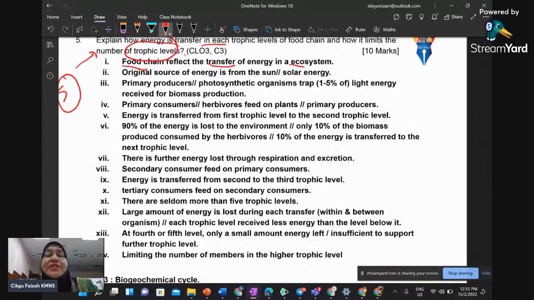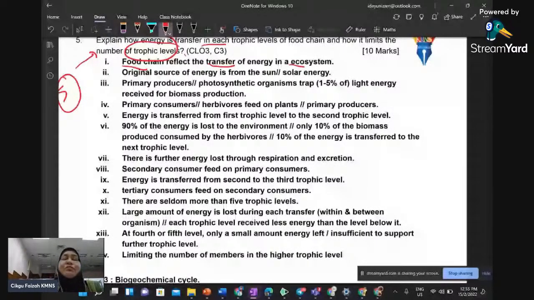So that's why we eat to live. Why? From the food particles we gain energy, and in the concept of trophic level, when this organism is eaten by the upper trophic level, the energy will be transferred. So the original source of energy, of course, is the sun.